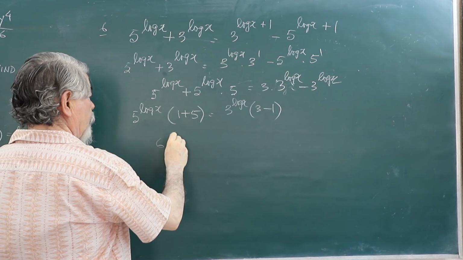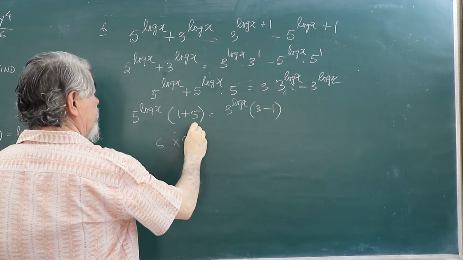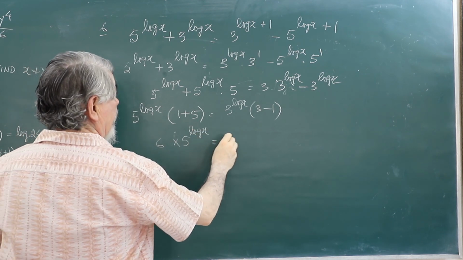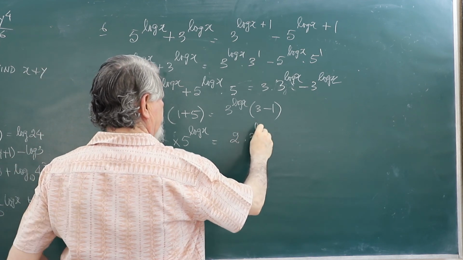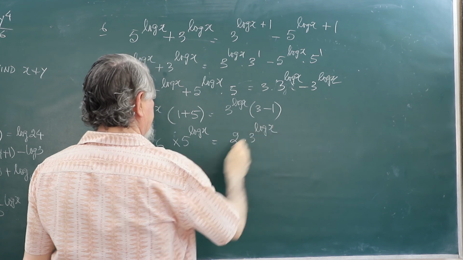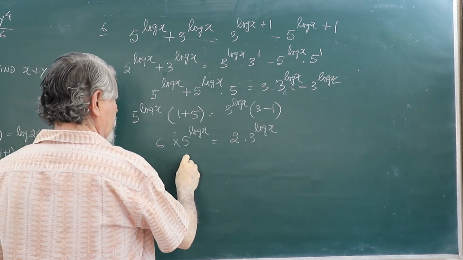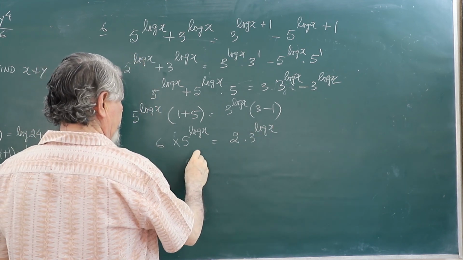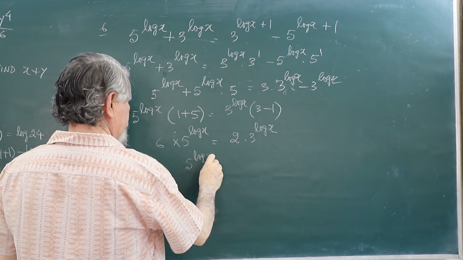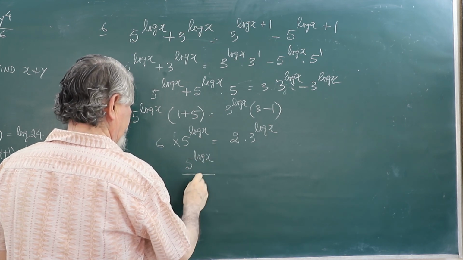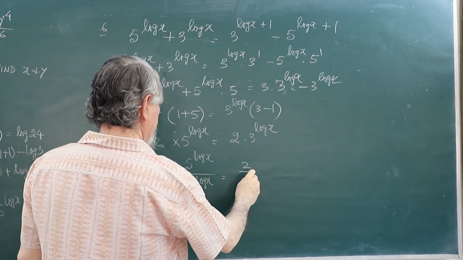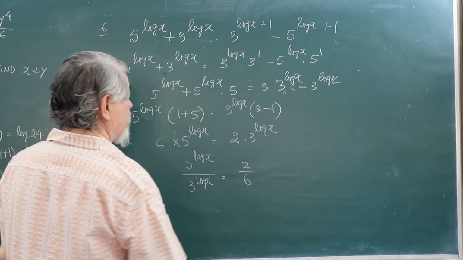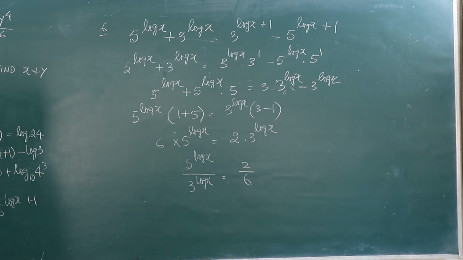So 6 into 5^(log x), and this is 2 into 3^(log x). So it will become 5^(log x) upon 3^(log x) is equal to 2 upon 6.